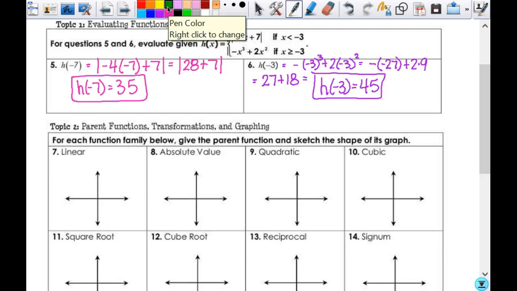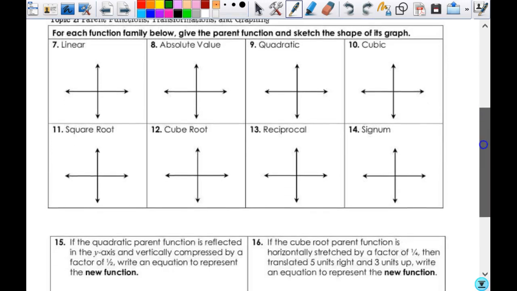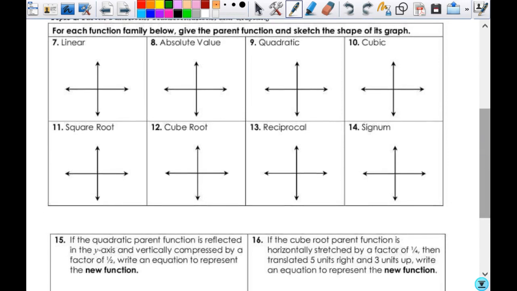All right, parent functions. So we need to sketch each one of our parent functions. Linear, which would be the line. This would be the line y equals x, or f of x equals x. And absolute value looks like this, and f of x equals the absolute value of x.